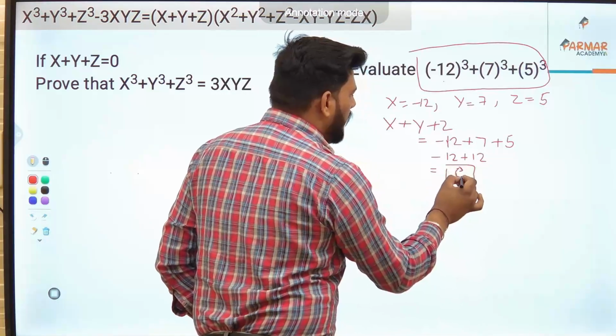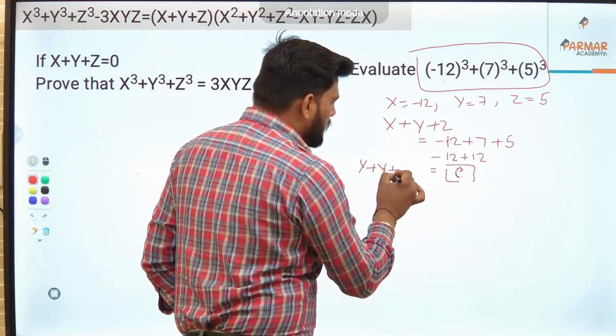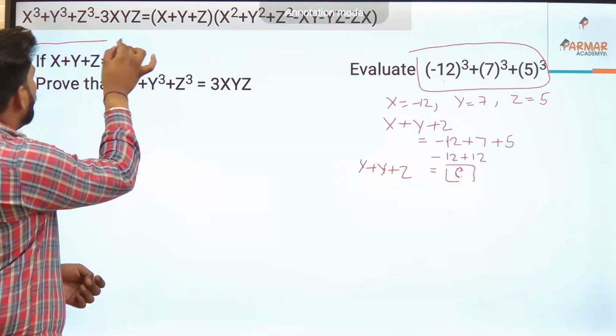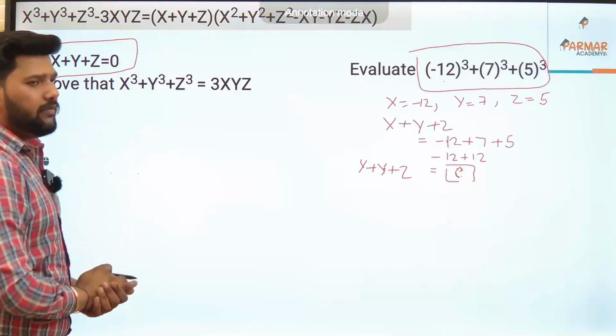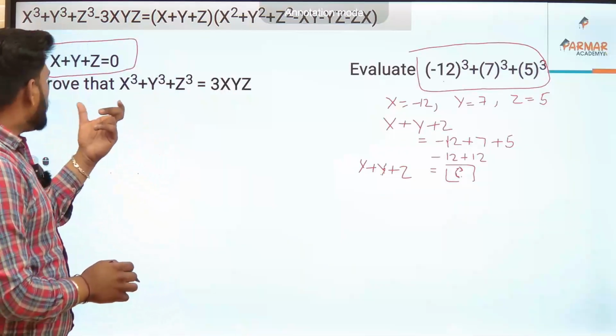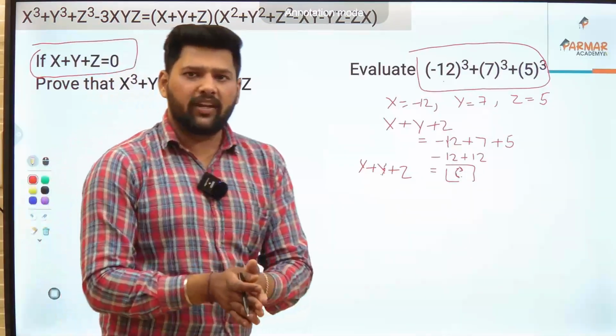So the sum x plus y plus z equal to 0. Now this condition is fulfilled here, that the sum of the 3 variables is 0. Now we know that if the sum is 0, the sum of their cubes is equal to what? That is simply 3 times the product of all 3 variables.